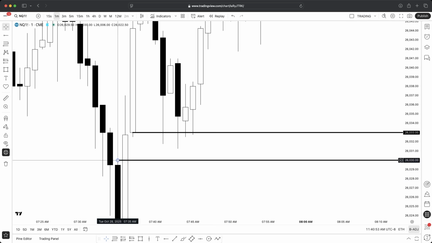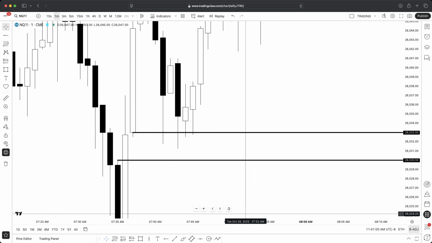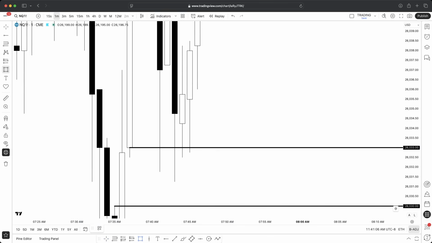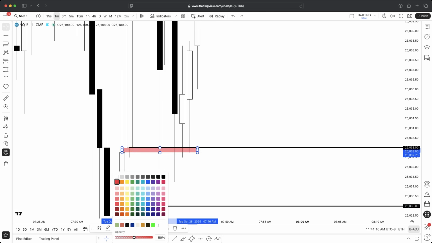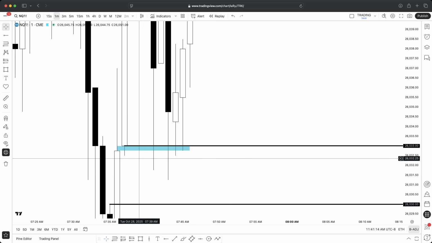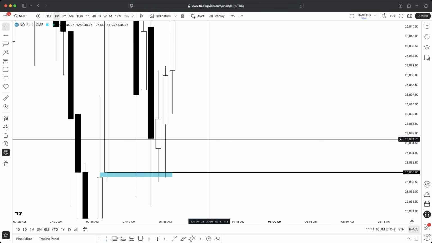So here, because you have a fair value gap here that connects to the volume imbalance, you would mark them together. You would include the volume imbalance in the fair value gap. Okay, so this would actually look like so. But just for this video, understand that this is the volume imbalance section, okay, right here, and then the whole thing is the fair value gap. But if we're just looking at volume imbalances, it would be right there.